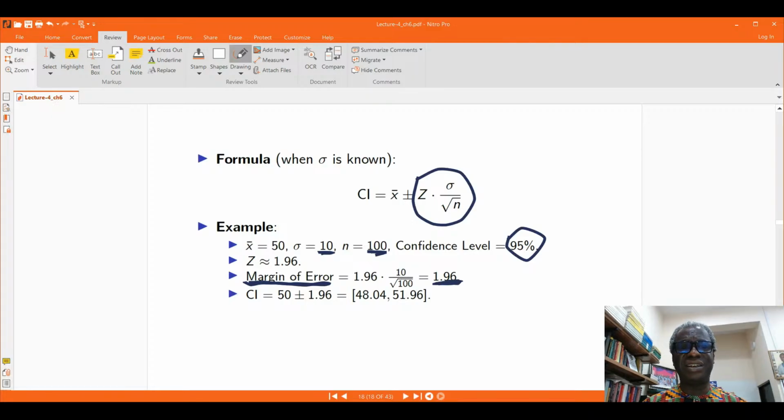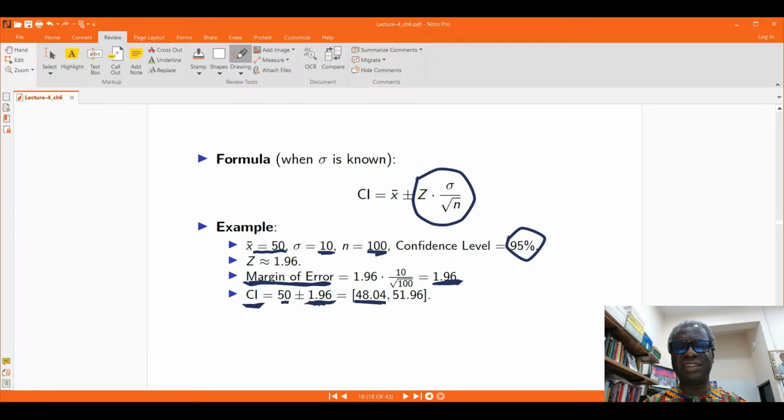1.96. And therefore, the confidence interval, by the previous expression, is the estimate of the population mean, which is obtained using the sample mean, 50, plus or minus the margin of error, 1.96. If I remove 1.96 from 50, that gives 48.04.